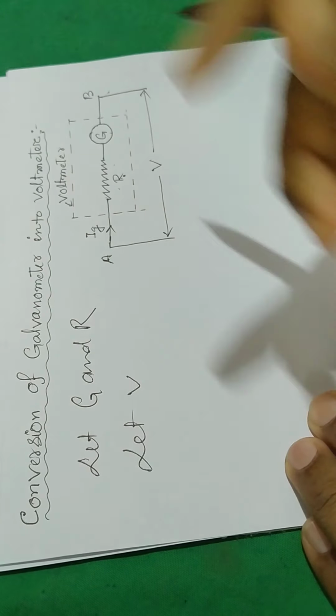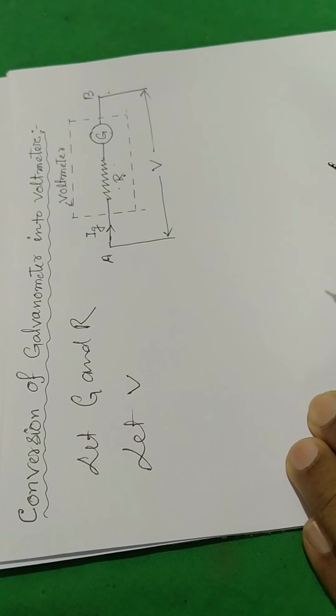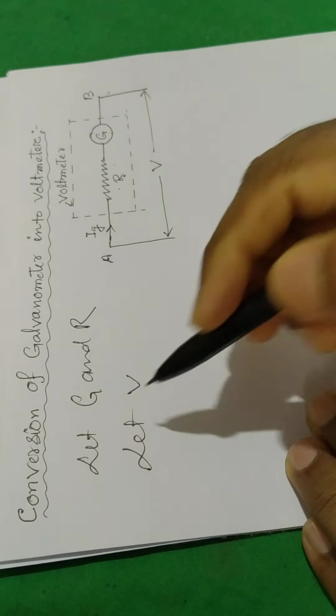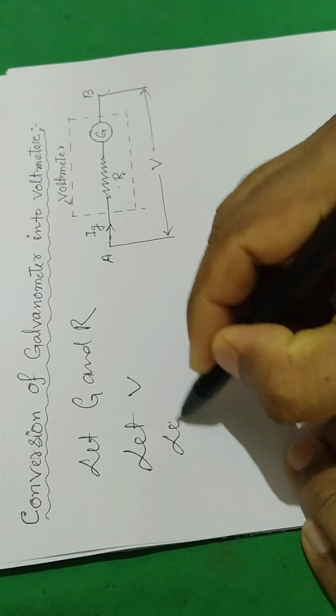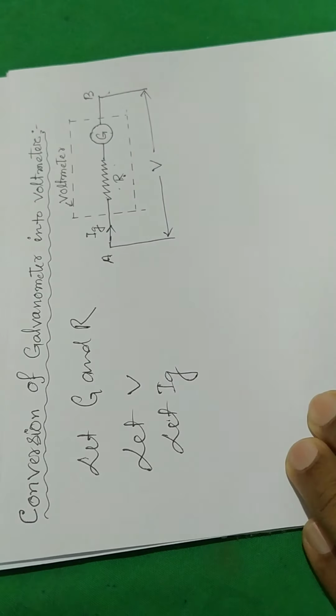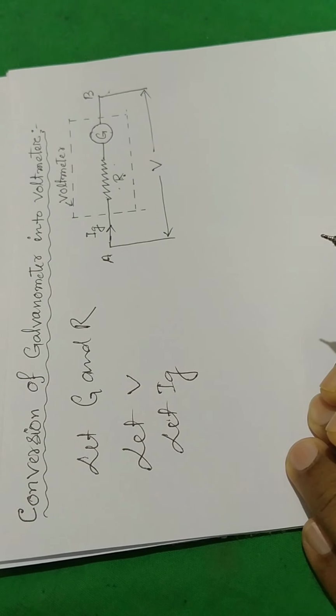Let V be the potential difference to be measured by the voltmeter. Let Ig be the current flowing in the circuit corresponding to which the voltmeter gives the full scale deflection.